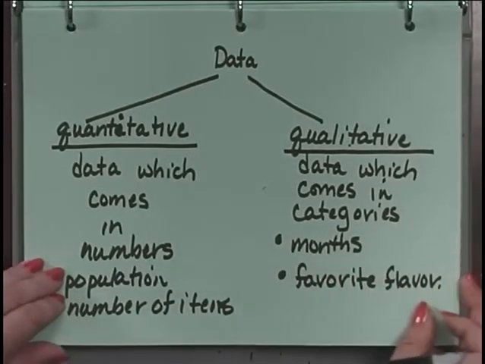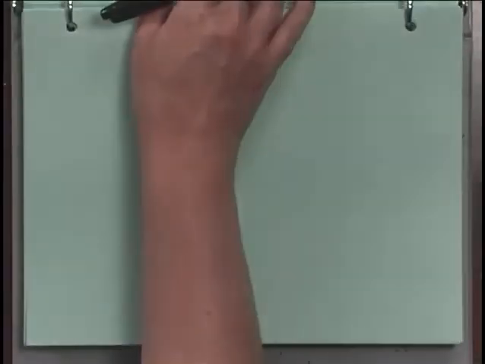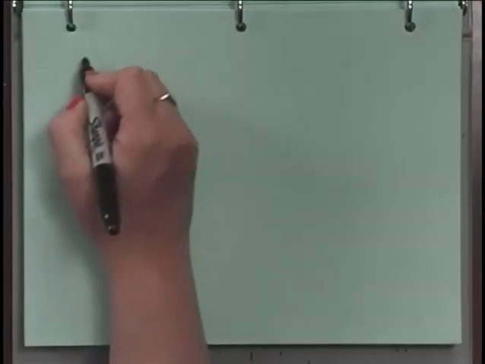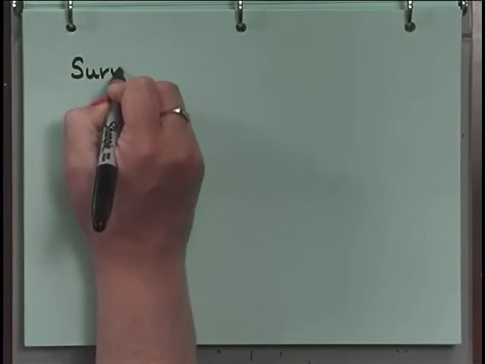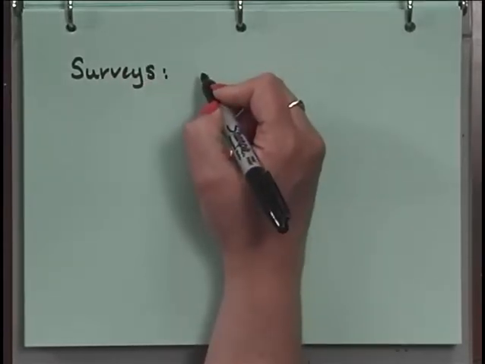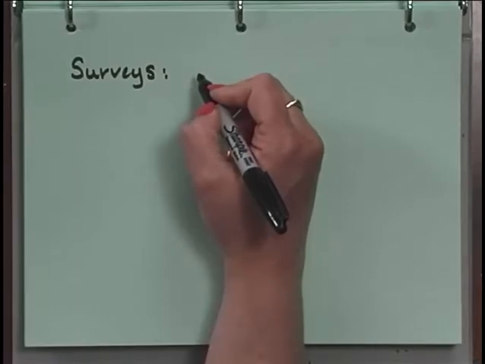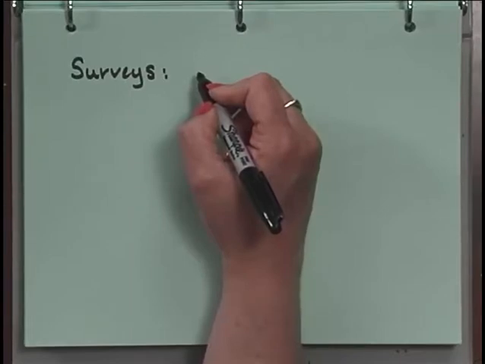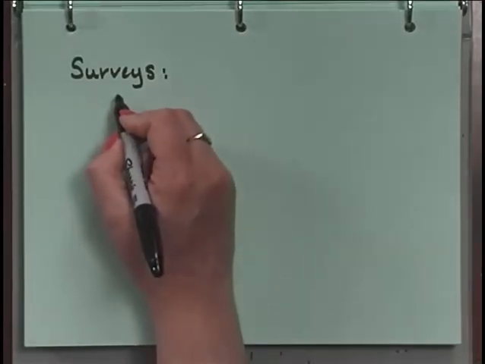Okay, now let's talk about a couple of other different vocabulary terms. When you take a survey, you're asking questions from people so that they can indicate responses. Maybe you're surveying about your favorite type of soda, or maybe a favorite color. You can take a survey in which you ask people to answer questions. Well, you have two different types of surveys.